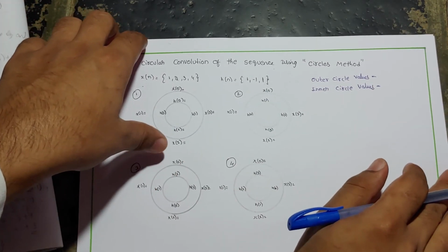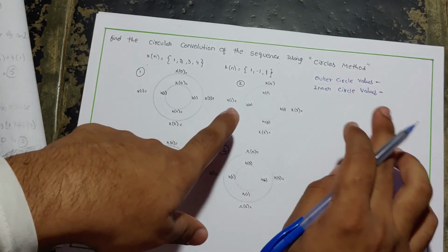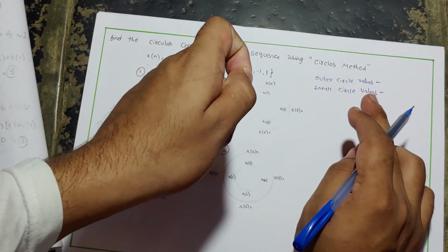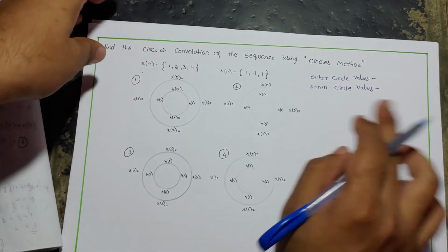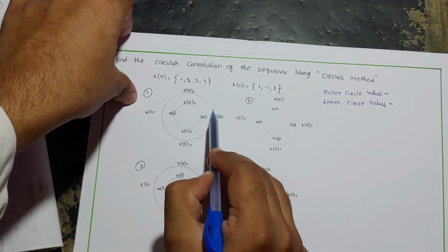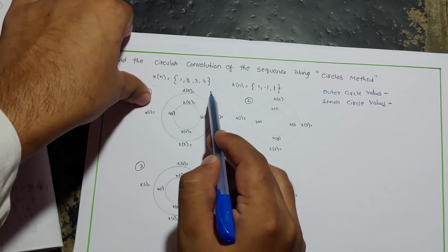Mainly you have to keep in mind that during this circles method you have to write the values of x of n and h of n in a particular pattern. That is, let us draw two circles. The outer circle would represent the values of x of n and the inner circle will represent the values of h of n.